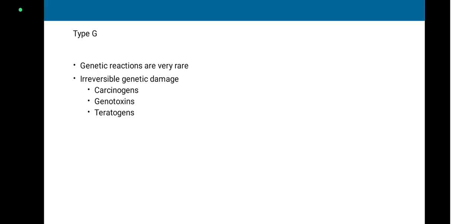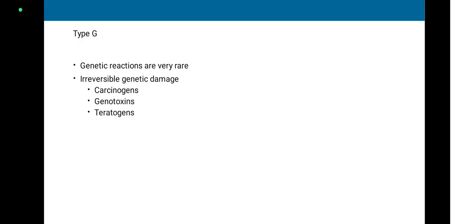Last class is type G reactions. These are genetic reactions and are very rare. This causes irreversible genetic damage. For example, carcinogens, genotoxins, teratogens. Carcinogens are drugs which can cause secondary tumors or cancers. Genotoxins are drugs which cause direct toxicity to genes and thereby result in gene mutation.